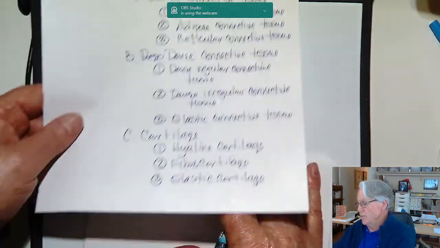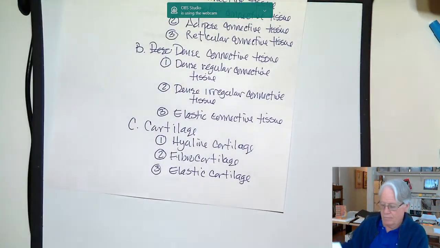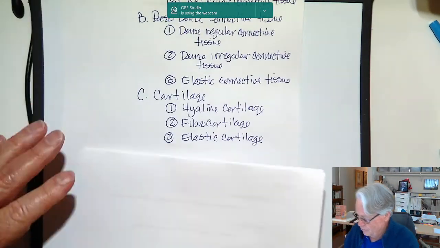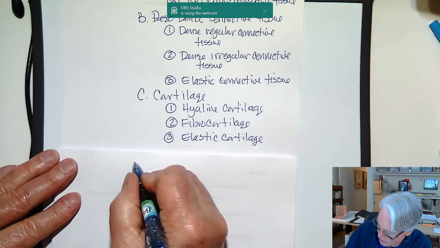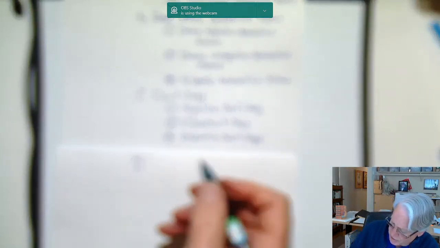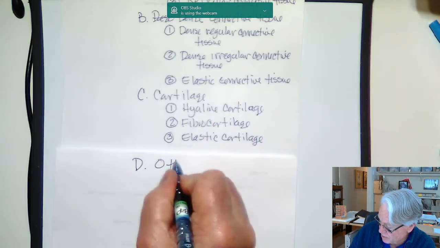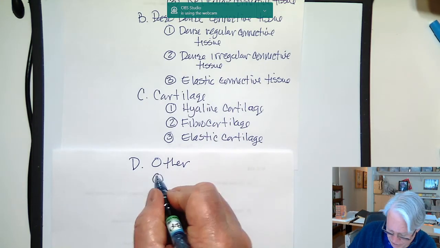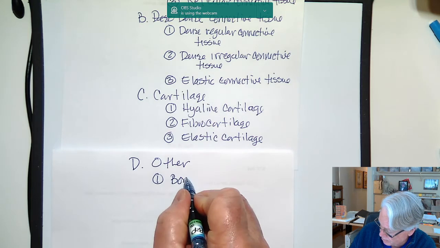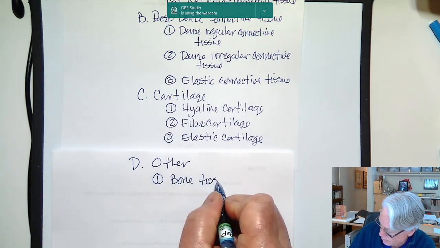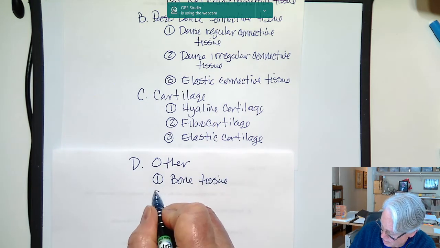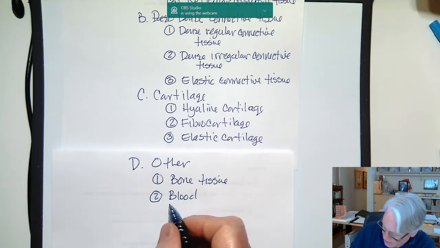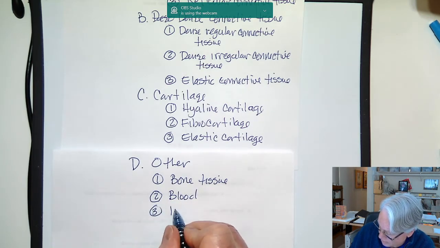And then I'm going to have D here. And this is going to be a very loose category. I'm going to call it other. And under here, we're going to talk about bone tissue, blood, and lymph.